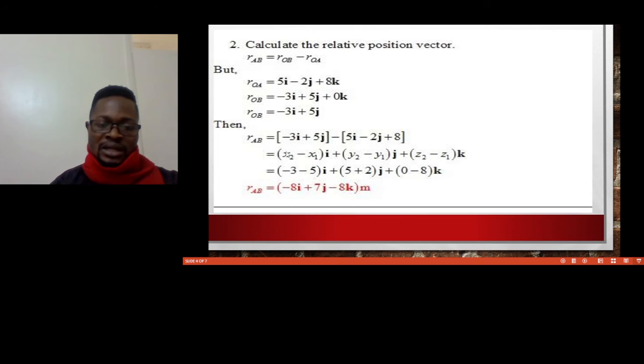For j, we have y2 plus 2, because this was plus plus, that's why we got 7j. And then 0 minus 8 is simply minus 8k, and this is our relative position vector in meters. So it is negative 8i plus 7j minus 8k meters as our solution to the second question.